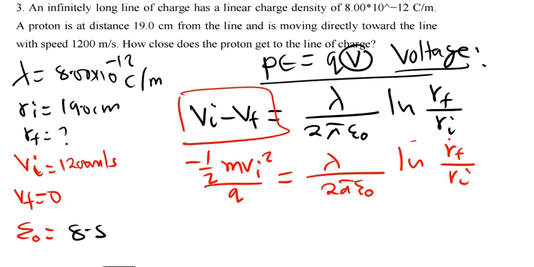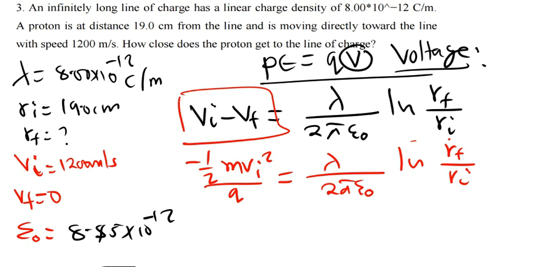This epsilon naught is basically just a constant. It is 8.85 times 10 raised to the power negative 12. Whenever you see this question, just look at the last page of the question paper, and you'll be given this constant. Then, when we're talking about the charge, we're talking about the proton, so the charge of the proton is a constant as well.